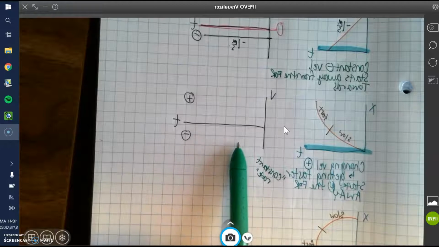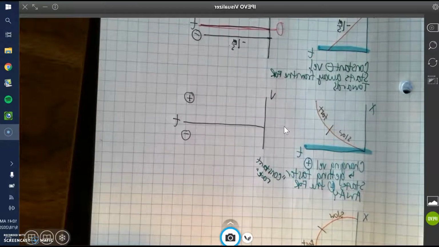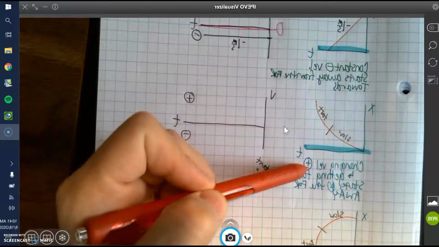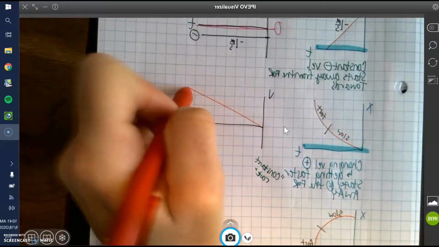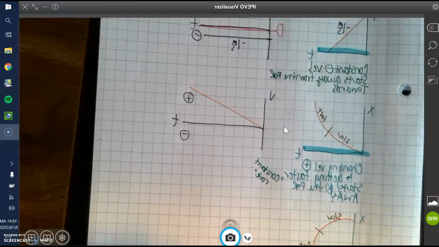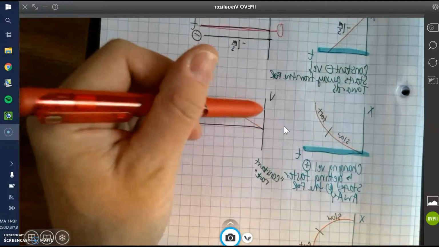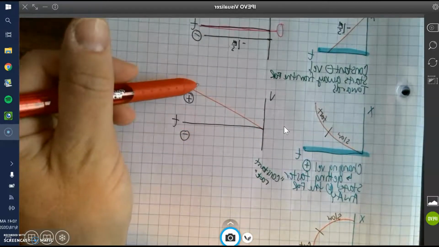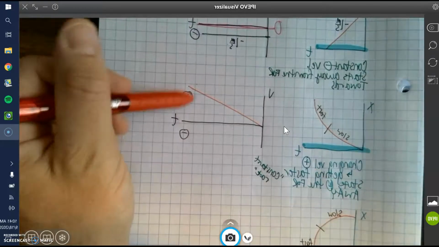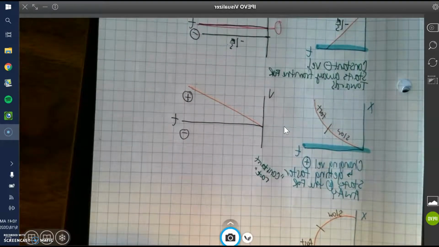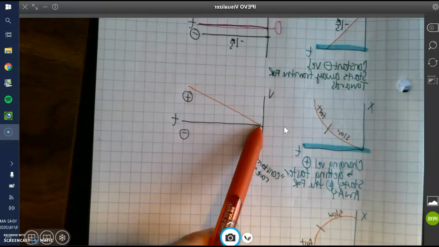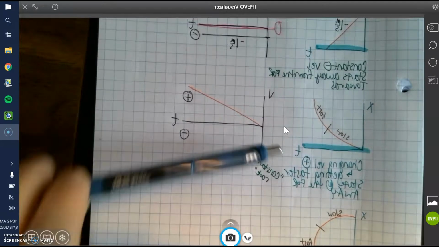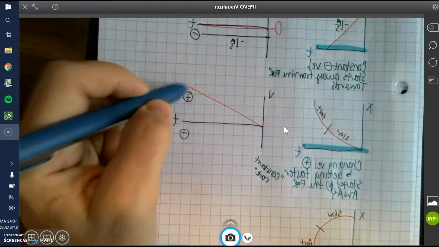So if I'm trying to draw this constantly increasing velocity, and I know that it has a positive slope, this is what that would look like. Because it's getting faster, right? 1, 2, 3. It's getting faster, and it has a positive slope, so it's in the positive quadrant 1. So what this tells us, once again, is the change in speed. The speed is getting greater.